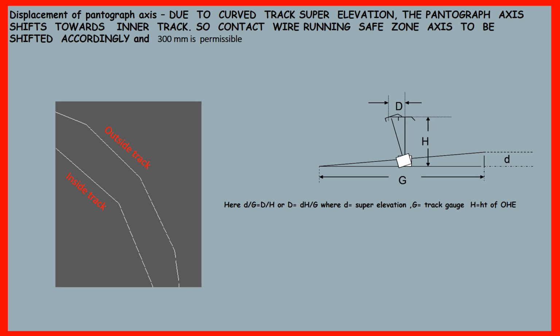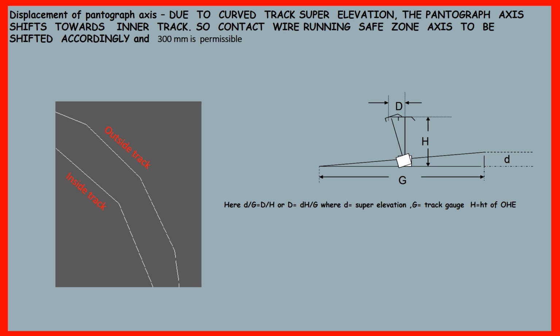So this is the formula, and the pantograph will shift accordingly. So you can provide mast in inner side or outer side, and the pantograph will shift towards the inner side.